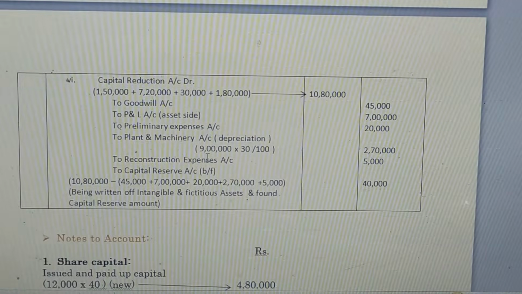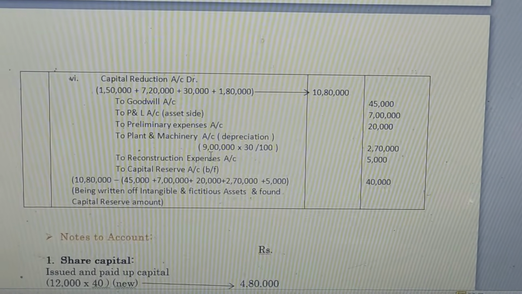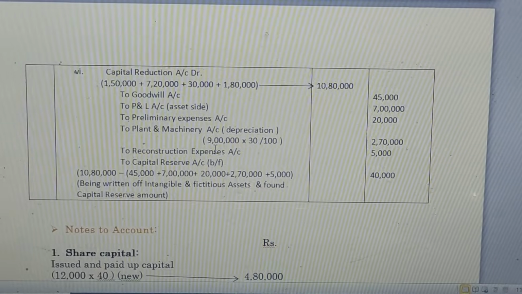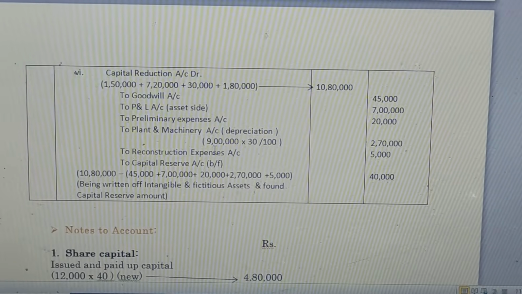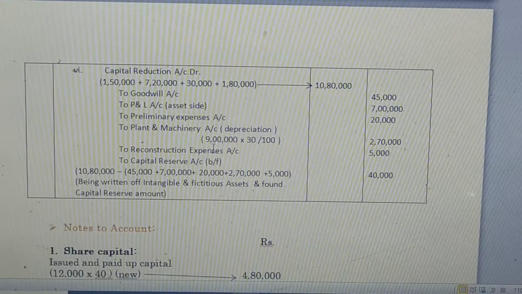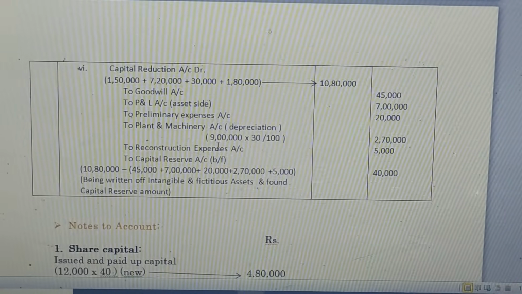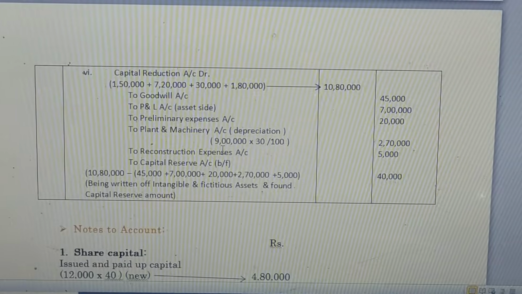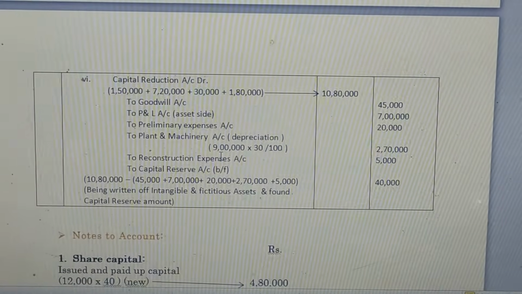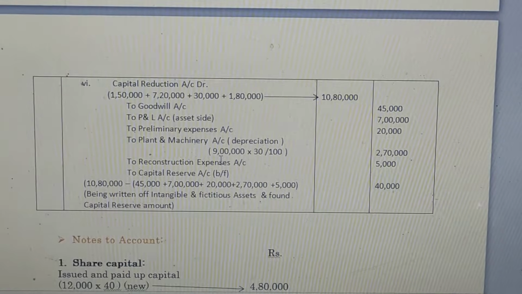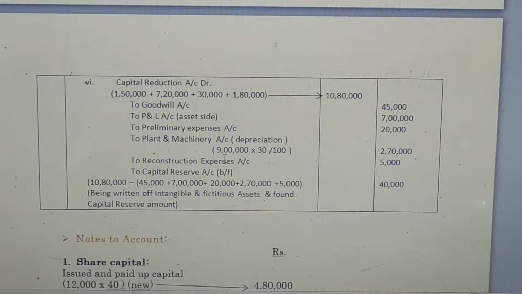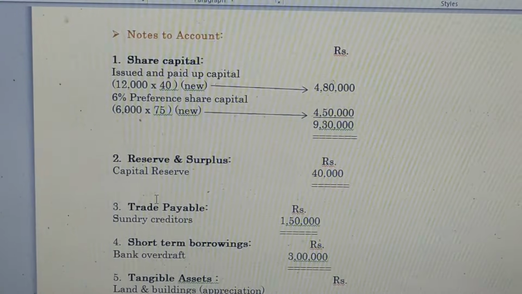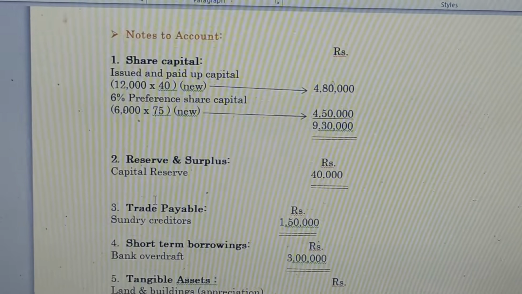So 10,80,000 minus 45,000, 7,20,000, 2,70,000 and 5,000. After adjusting this amount with the total capital reduction value, we get the difference value of 40,000. That is capital reserve, which is transferred to the balance sheet in the liability side. And then we are going to prepare the notes to accounts for preparing the balance sheet.